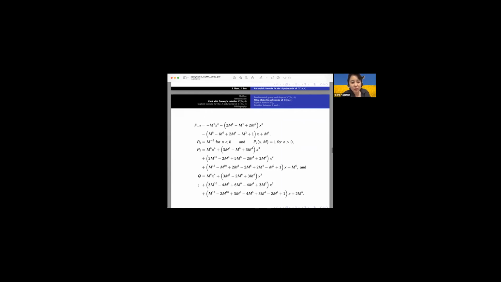P2 and Q. You see the recursive relation has QP, something like this. And then you solve the recursive relation, and you have the explicit formula here.